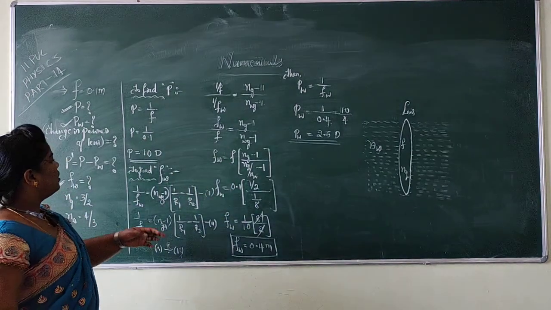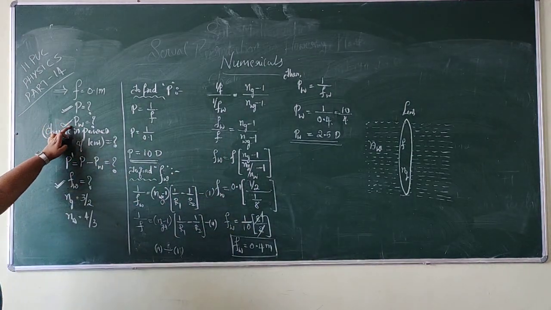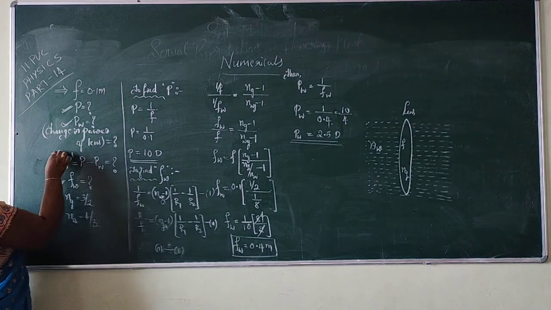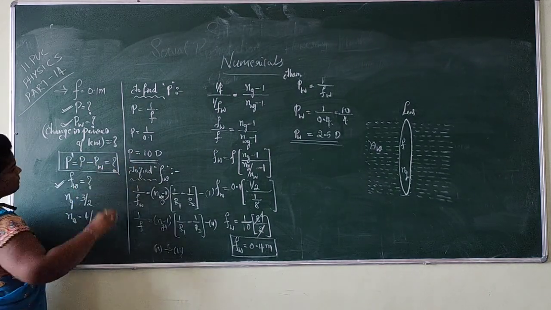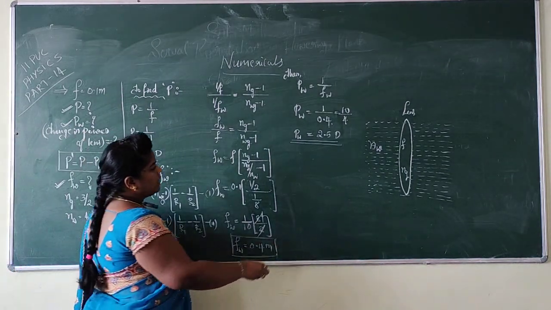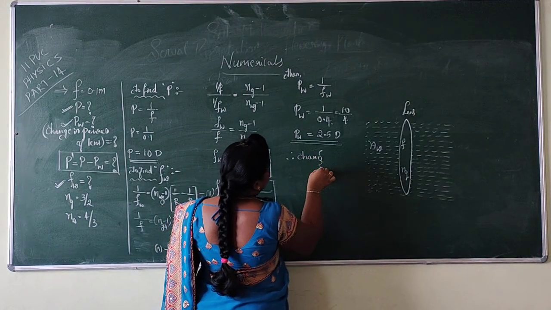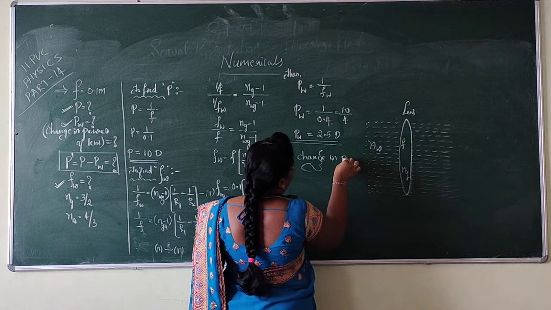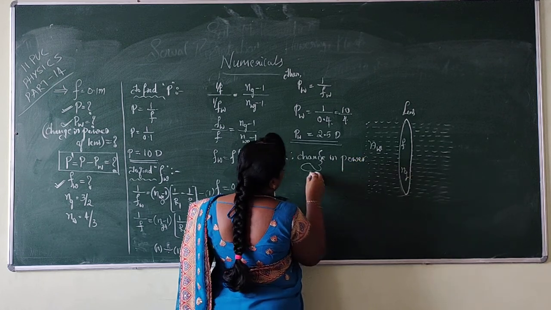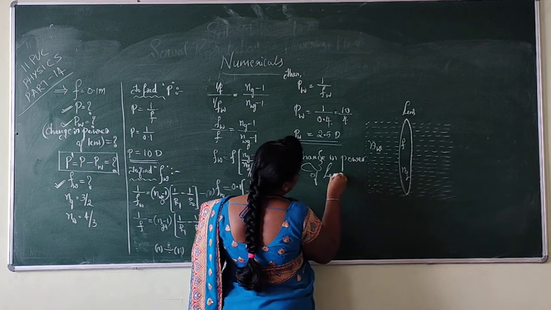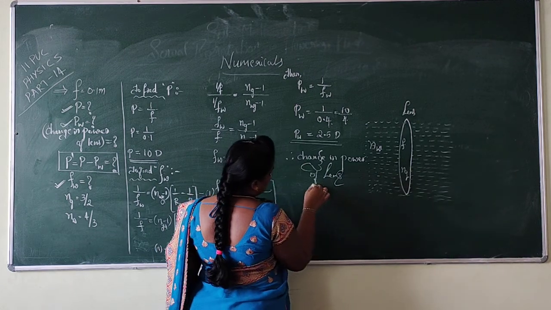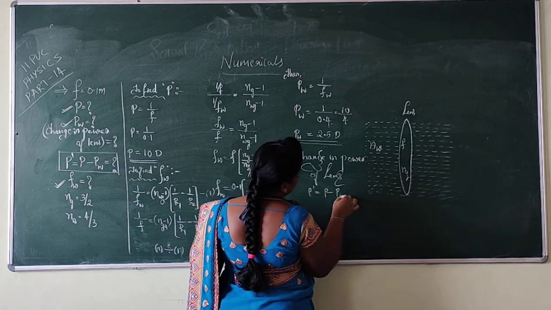So finally we got the value of P and also PW. Then let us move for the calculation of change in power of the lens. P dash is equal to P minus PW.